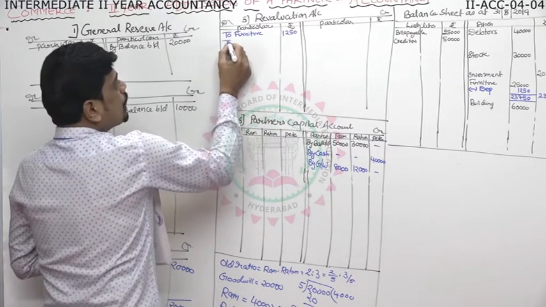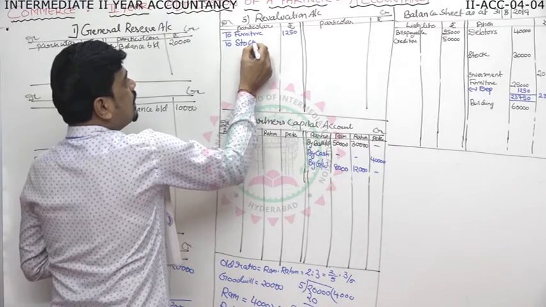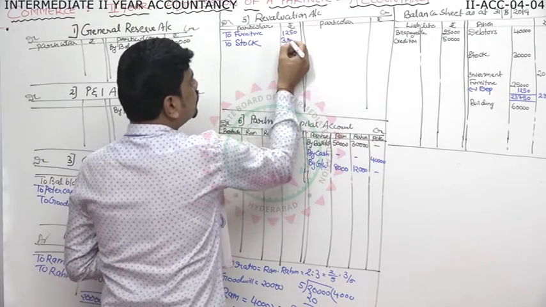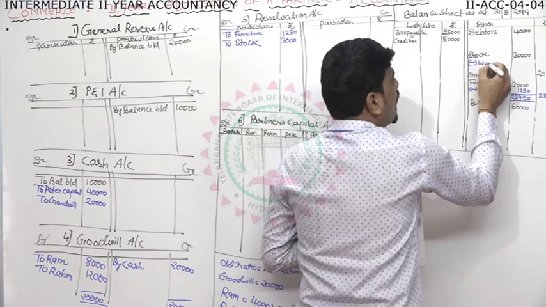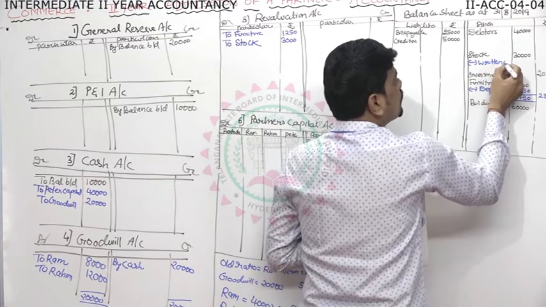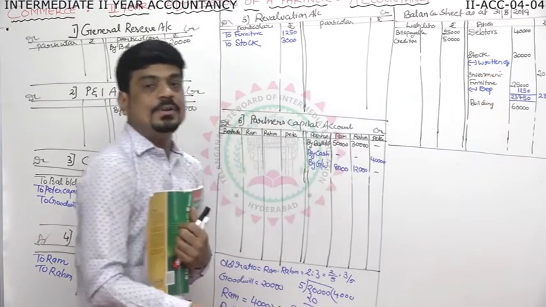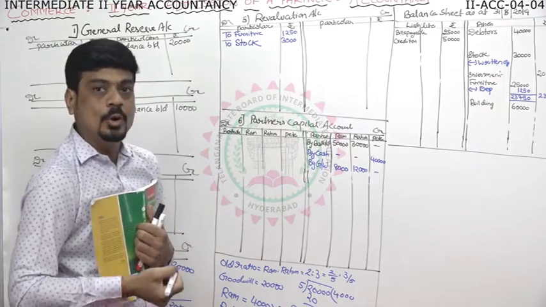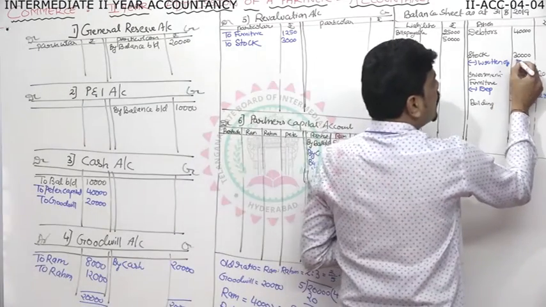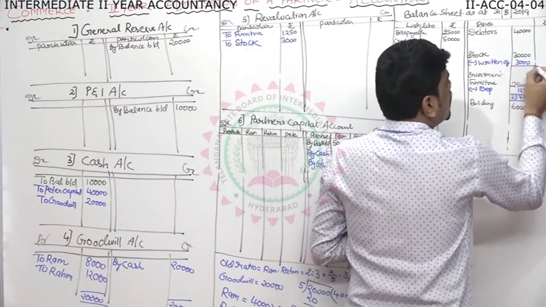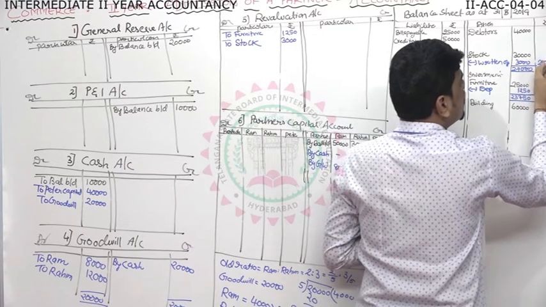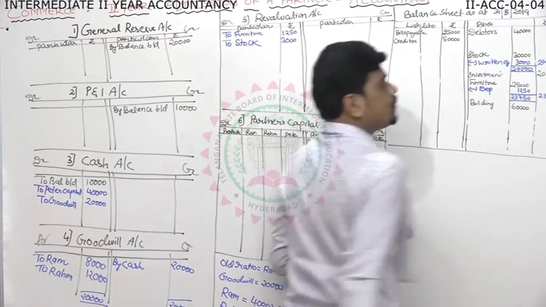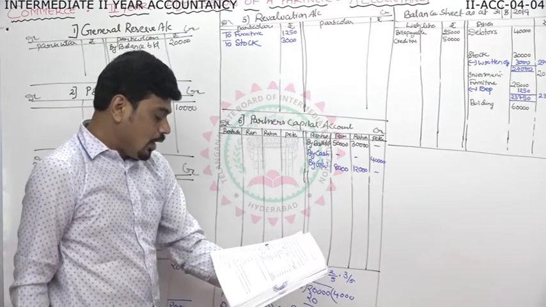So again, revaluation debit side to stock 3,000. I'll go to stock. I'm using the word written off. You can use depreciation also, but written off will be more appropriate. So written off 3,000. If we subtract 3,000, we get 27,000. So post 27,000 in the outer column.